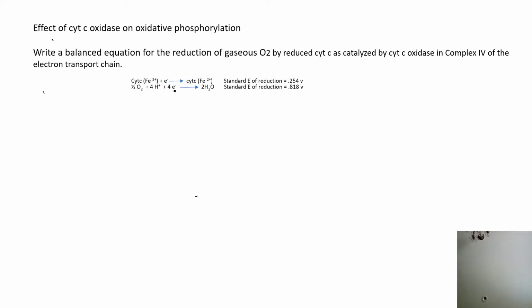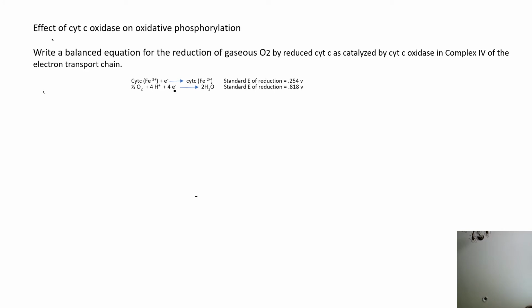So we can rewrite that equation, but at the same time, we're going to have to manipulate the reduction potential reactions so we are canceling the same number of electrons. So for the first one, we have 4 electrons in the reduction potential for O2.